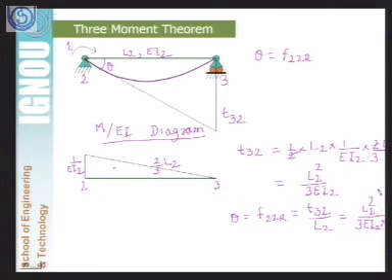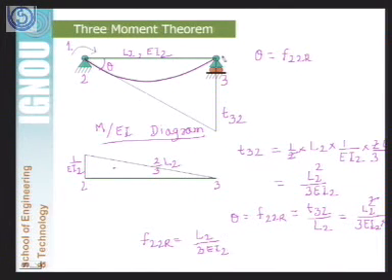So this L2 will be cancelled out, and F22R will be equal to L2 divided by 3EI2. So friends, we have already calculated F22R.